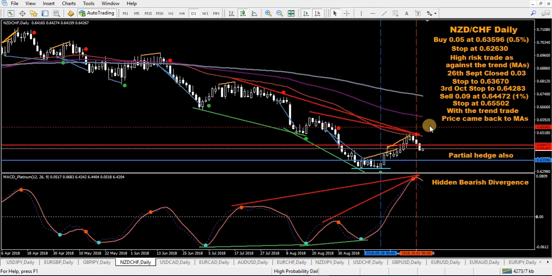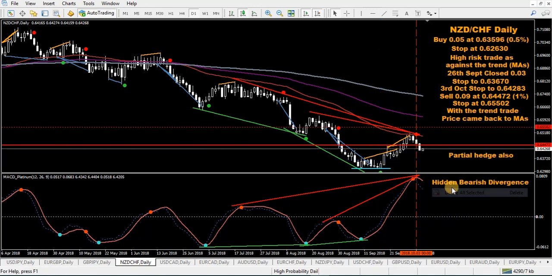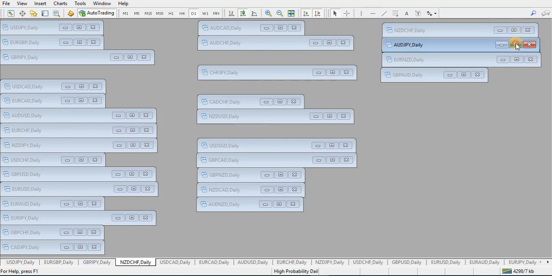But that buy, the stop was here and it was stopped out, so it already closed out part of it, and the remaining part was stopped out for an overall profitable result. So that buy is no longer in play, so I can get rid of all the buy related lines. Now that just leaves us with the sell line. So that's the New Zealand Swiss, no longer in a buy.